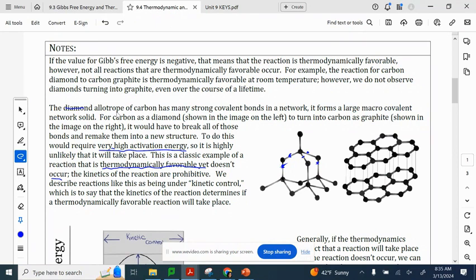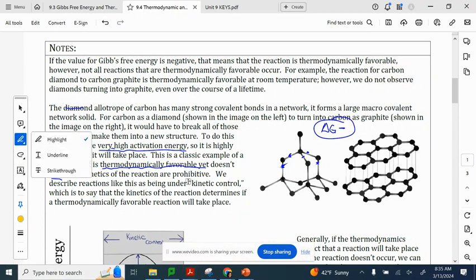And when we see something that has a negative delta G and yet it still doesn't happen, we say that that is under kinetic control. Because the kinetics of that reaction, that rate, is going to dominate.